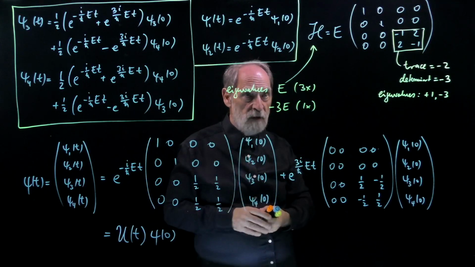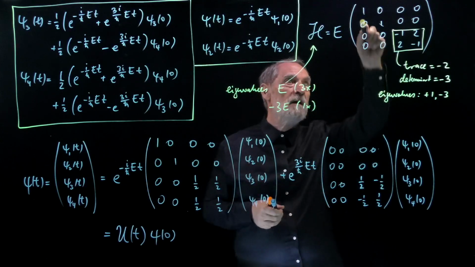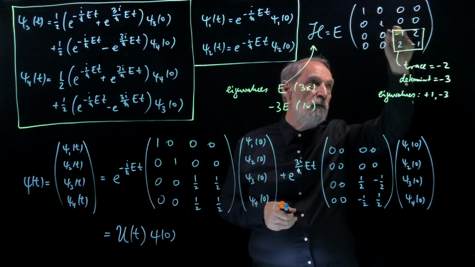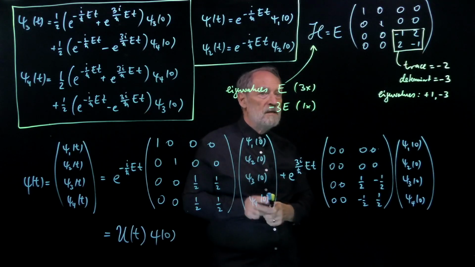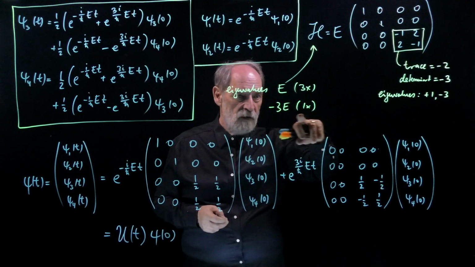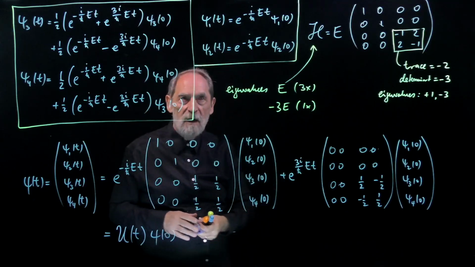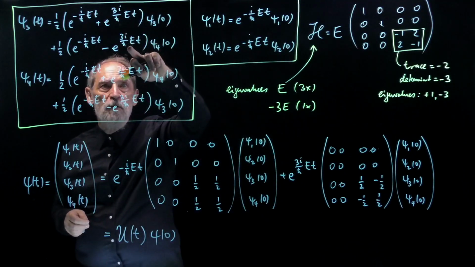The trace of the Hamilton operator is 0. The trace of this matrix has to be 0, and indeed it is. The trace is the sum of the diagonal matrix elements, 1 plus 1 minus 1 minus 1. Together, the sum is 0. So that's fine. We have 3 eigenvalues e, and 1 eigenvalue negative 3e, and those are the values that we see appear in the exponent here.